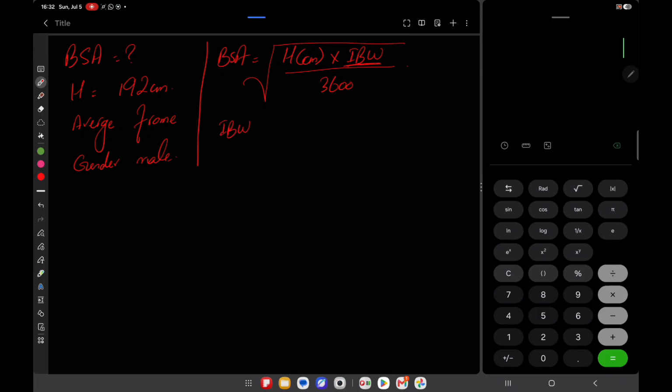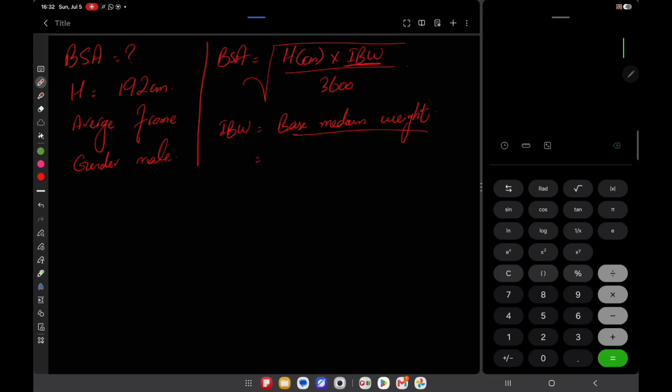In this case, ideal body weight will be equal to base medium weight, which means at the end we don't need to multiply it with 1.10 or 0.90.